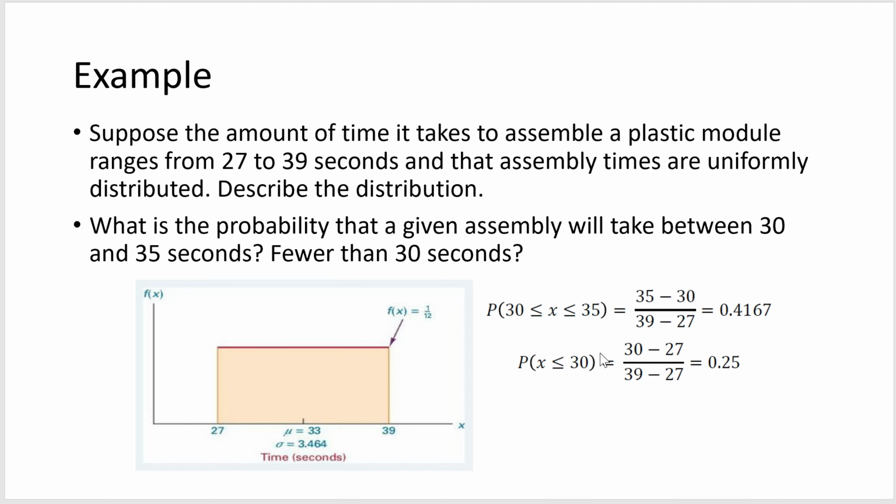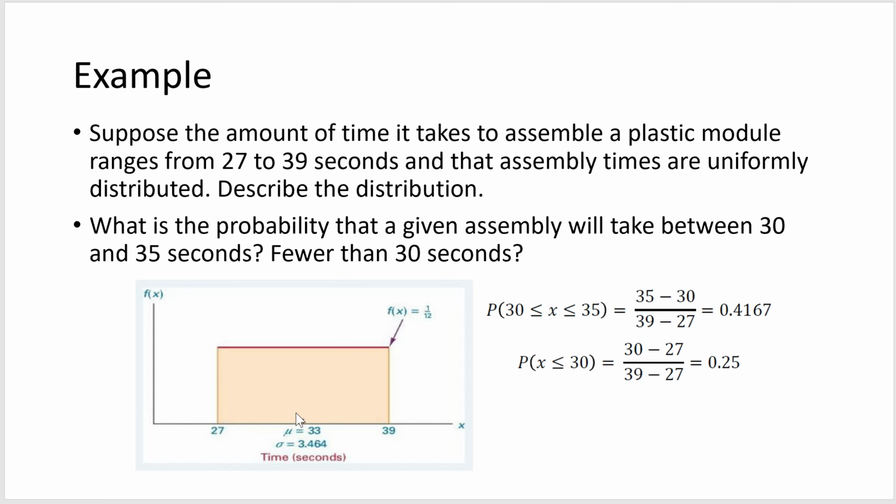Another example, so suppose the amount of time taken to assemble a plastic module ranges from 27 to 39 seconds. It is a uniform distribution starting from 27 and 39. The probability is flat or uniform. What is the probability that a given assembly will take between 30 and 35 seconds? So now 30 and 35, you have a 5-second interval, right?